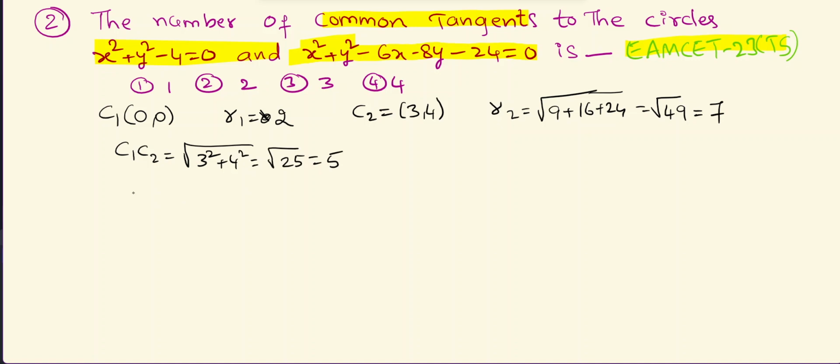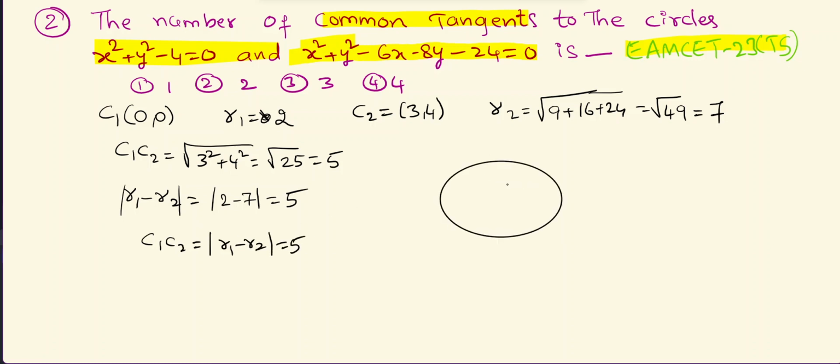And find modulus of R1 minus R2, this is modulus of 2 minus 7, that is equal to 5. Here C1 C2 is equal to mod of R1 minus R2 is equal to 5. That means both the circles touch each other internally.